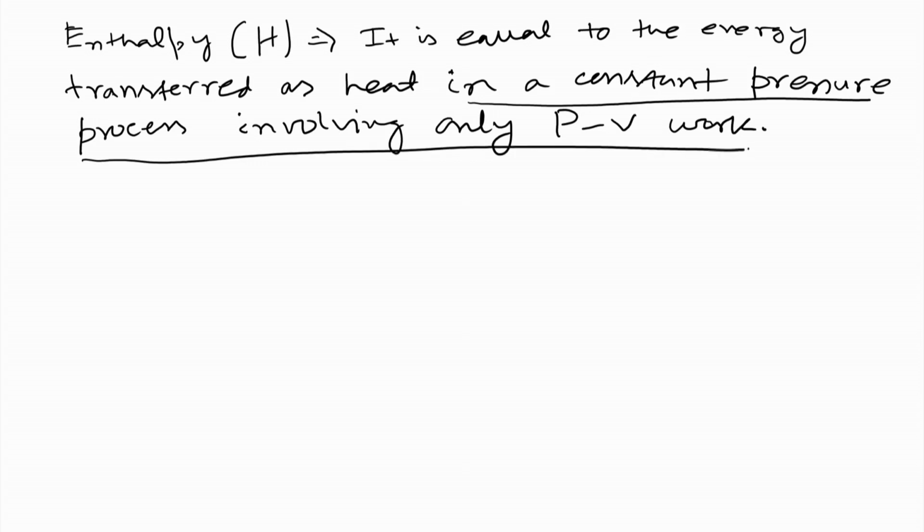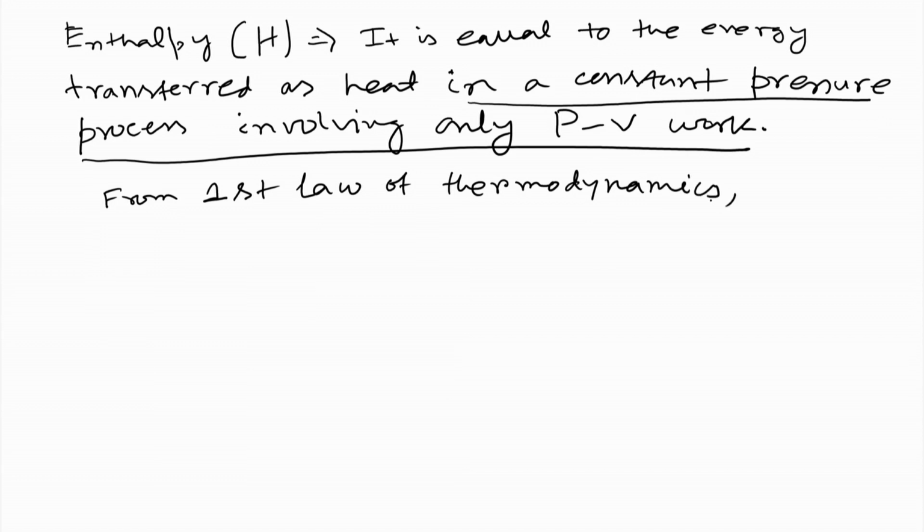So, from first law of thermodynamics we know delta U is Q plus W, and we can further simplify it like this.